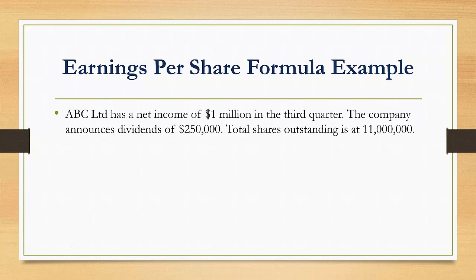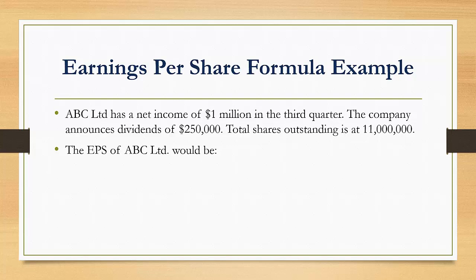Let's assume that company ABC has a net income of $1 million in the third quarter. The company announces dividends of $250,000. Total shares outstanding is 11 million.